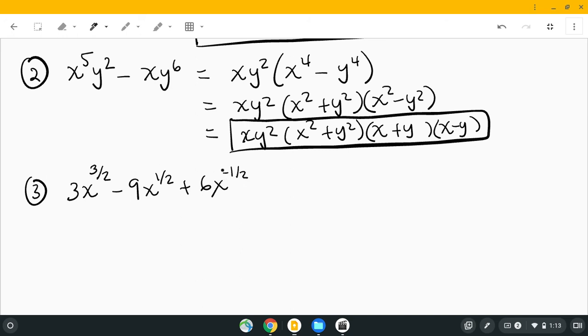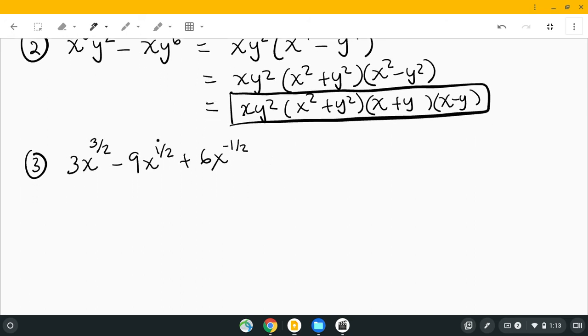So these are all x, so they all have x in common. The question is, what exponent do you use? So here, this is negative 1/2, and that one is the smallest, so that's what you're going to factor out. Okay, they also have a 3 in common, so I'm going to factor out a 3 and x, and it's going to be negative 1/2.